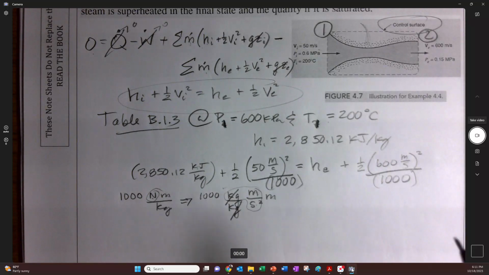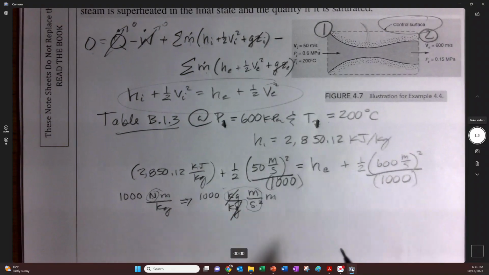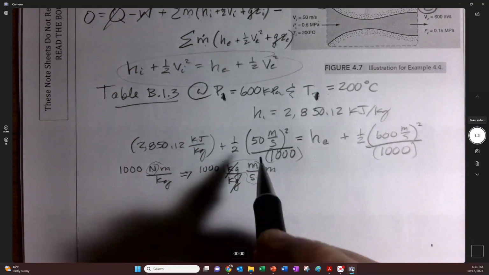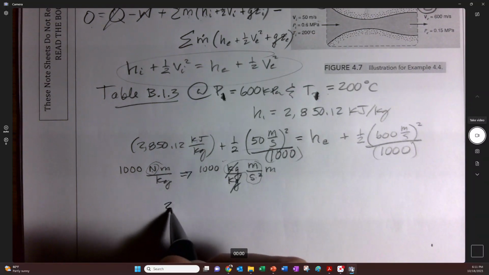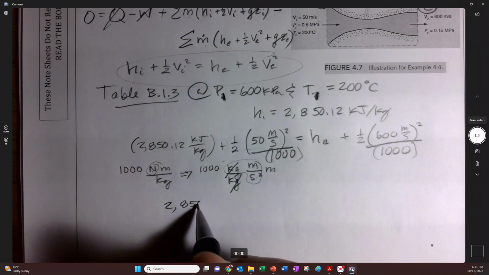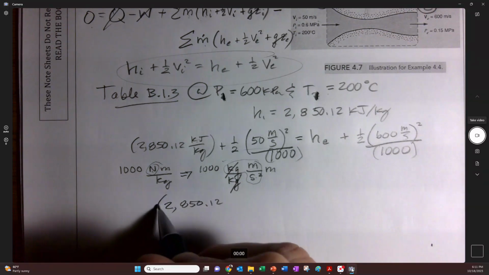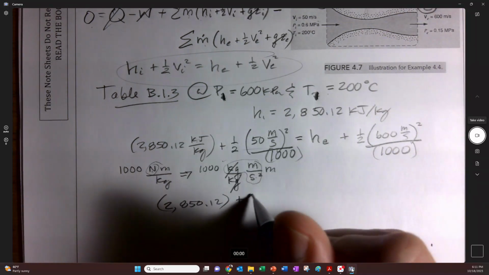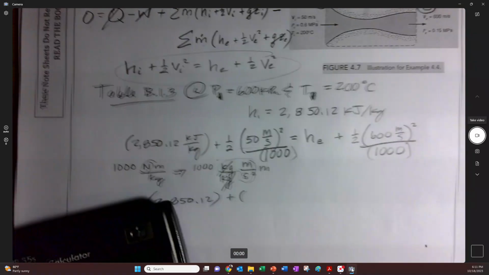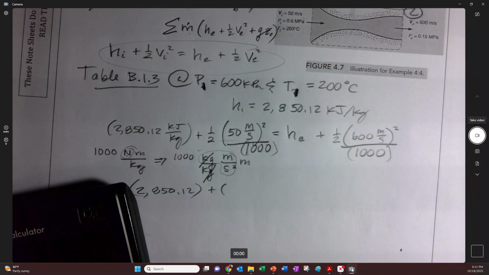So it's almost worth checking out just for a second, rewriting this down as the individual things, right? So 2,850.12 plus whatever this equals to. So we're going to get 50 squared. Did I write down in between numbers? I did not.